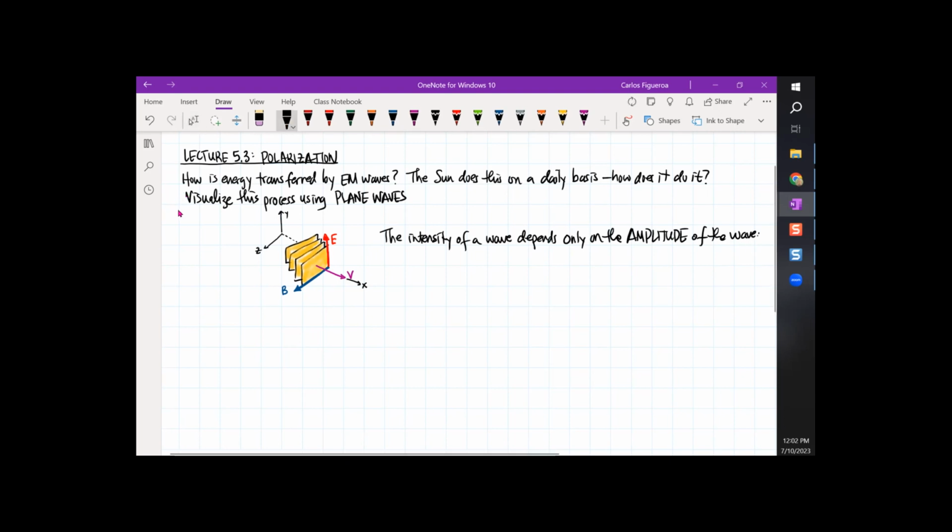We typically write intensity with the symbol I, and it is the amplitude squared.